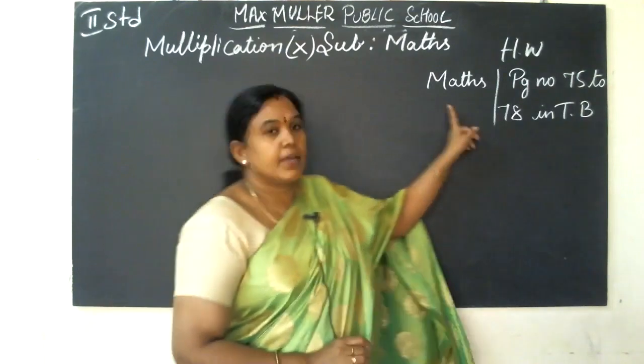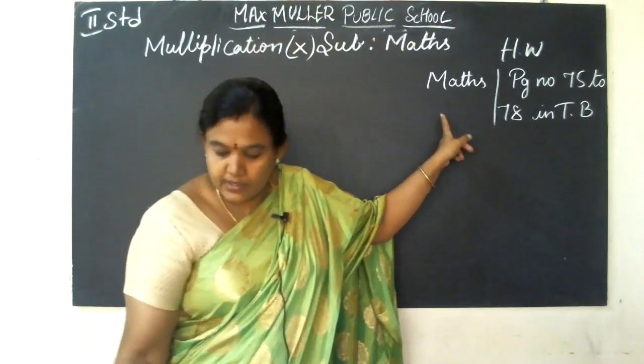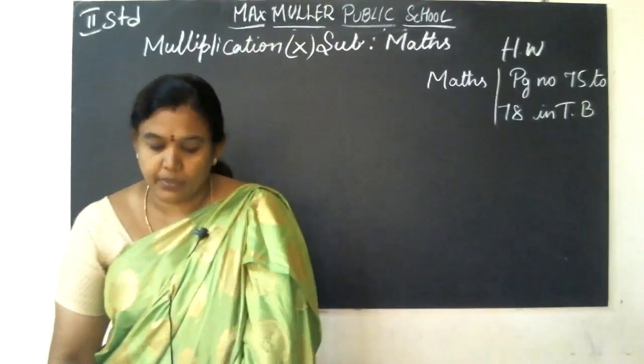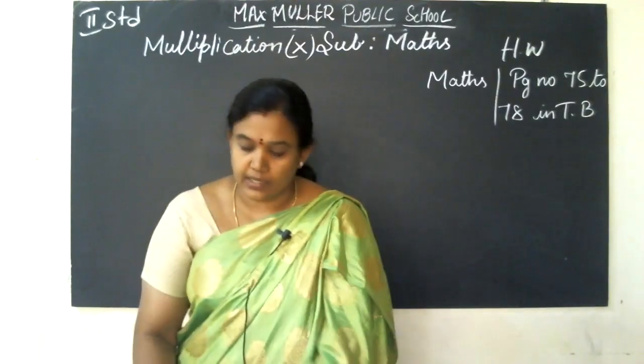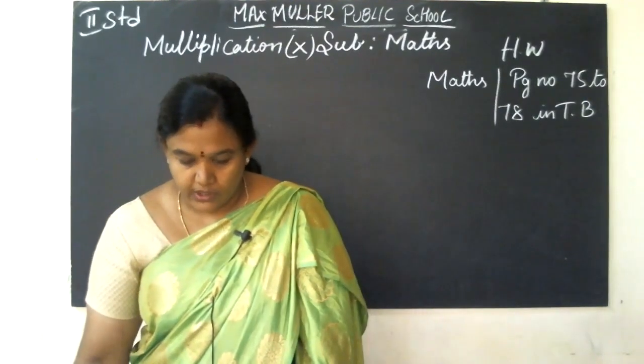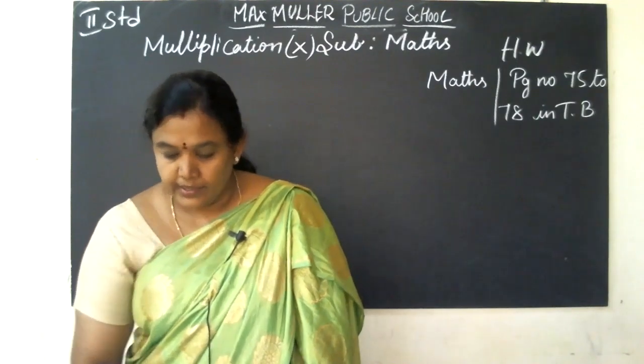Homework, children. Take page number 75. There is a 7 table. You want to write the table, skip count 7s, and color the numbers. Also like that only 8, 9, 10.